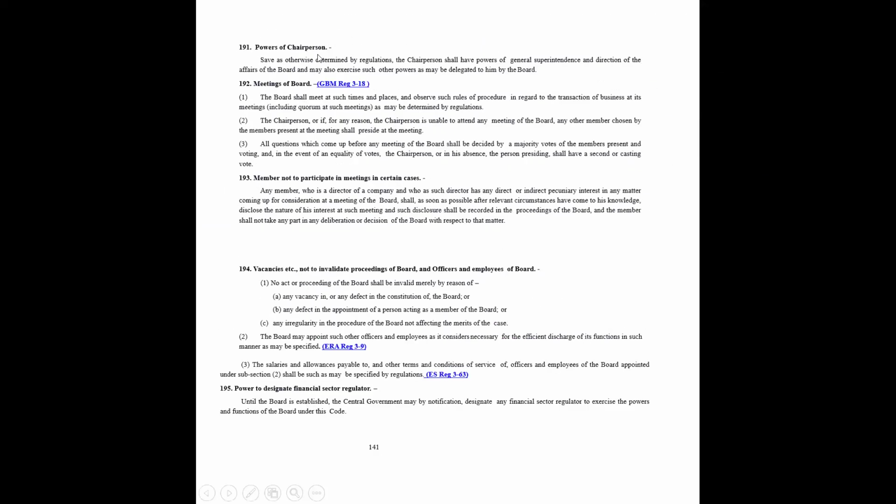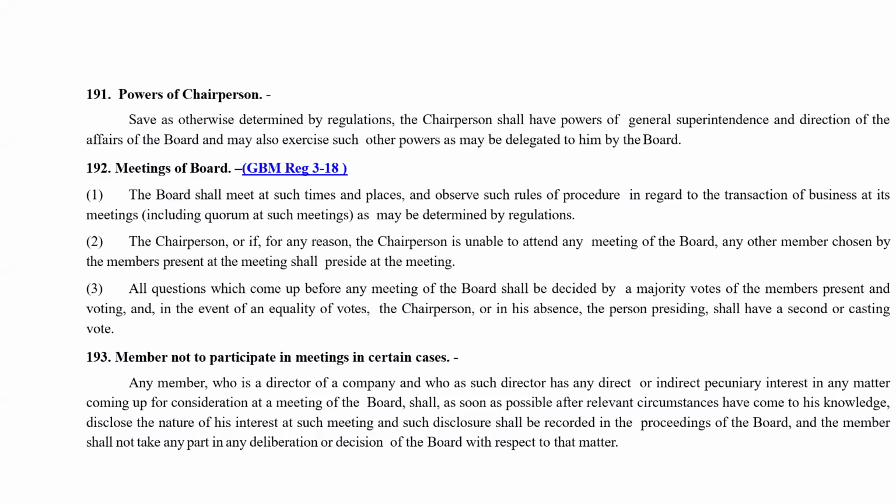Now 191. 191 talks of powers of the chairperson. Save as otherwise determined by regulations, the chairperson shall have powers of general superintendence and direction of affairs of the board and may also exercise such other powers as may be delegated to him by the board.